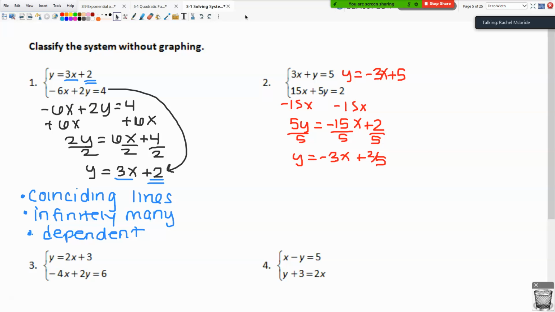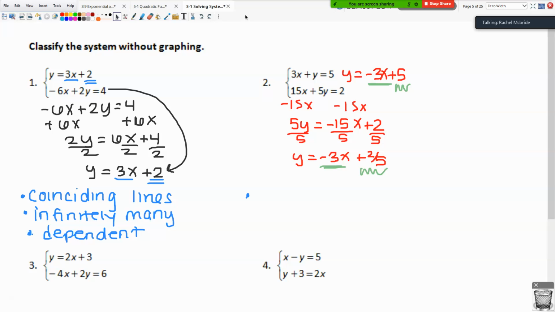And this time, when I compare key pieces of information, the slopes are the same, but the y-intercepts are different. So same slope, but different y-intercepts tell me that I have parallel lines.